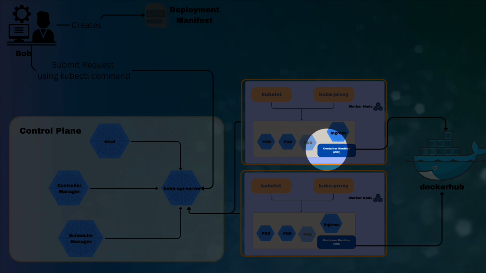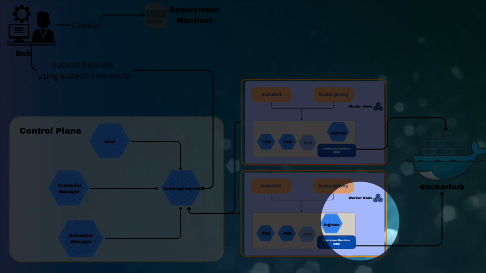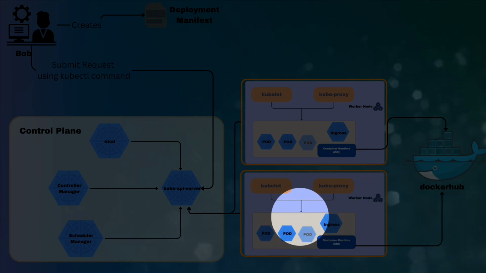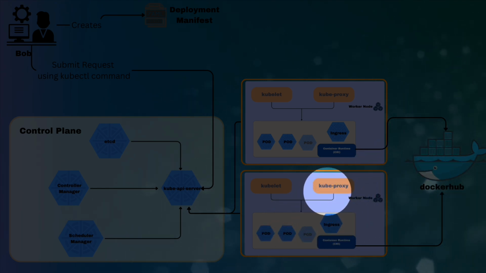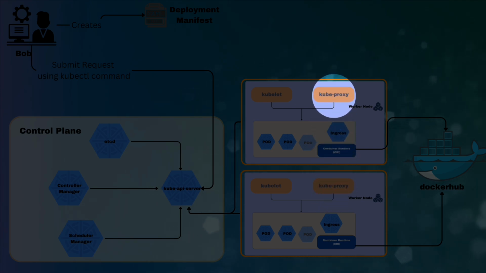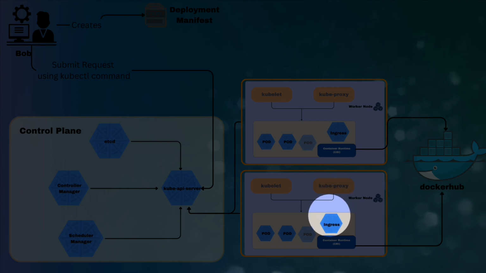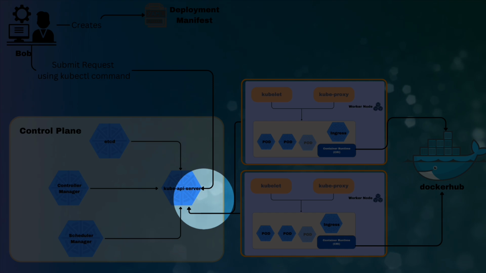Container runtime pulls the required container images and starts the containers. Kube-proxy sets up networking to route traffic between pods, services, and external users. If external access is required, ingress manages web traffic and routes it to the appropriate service.